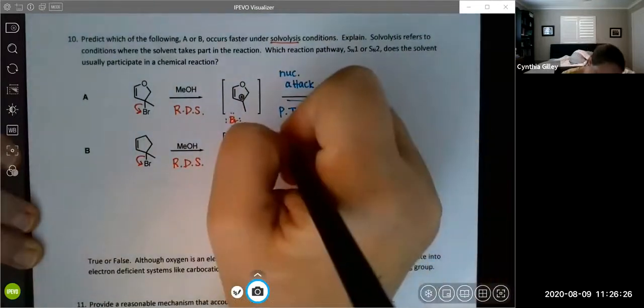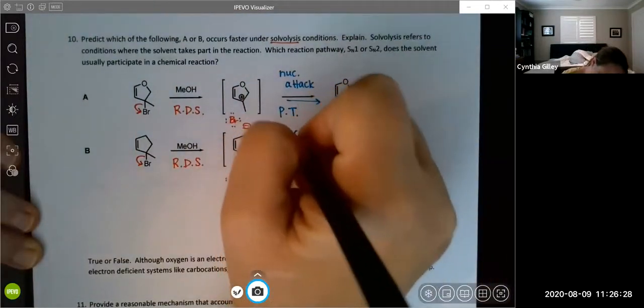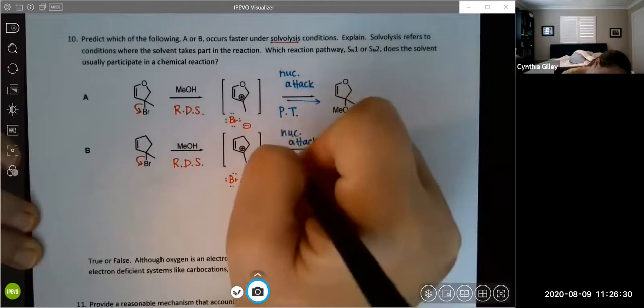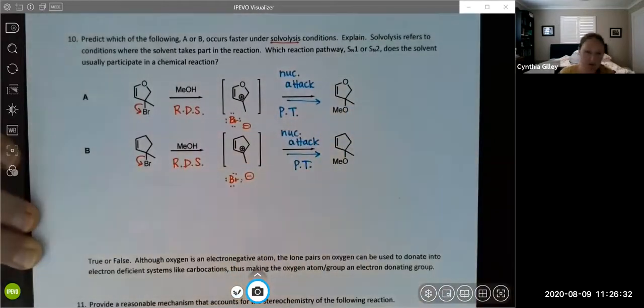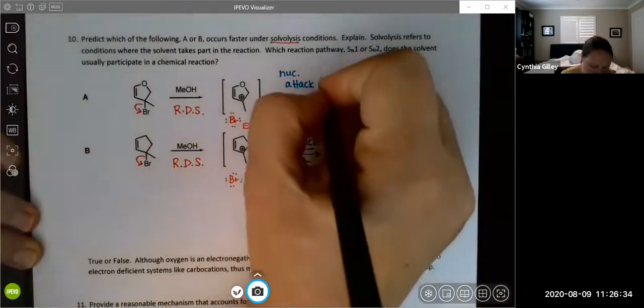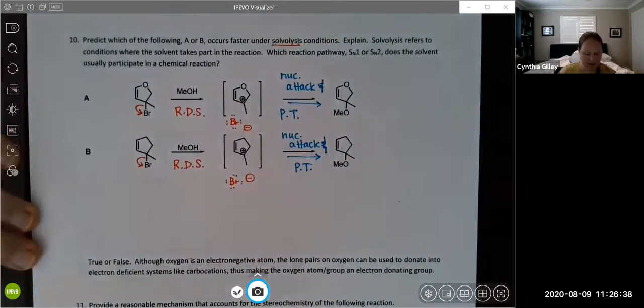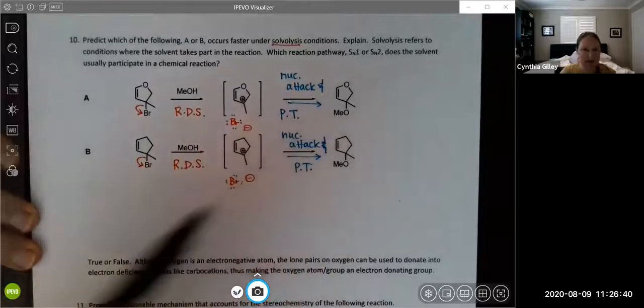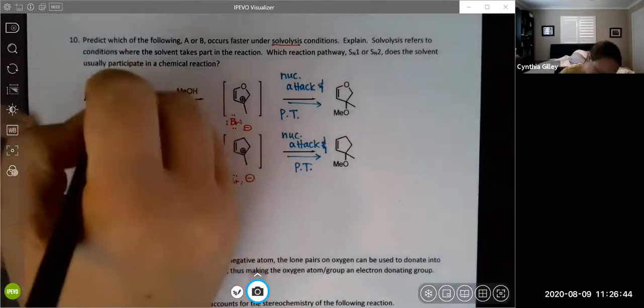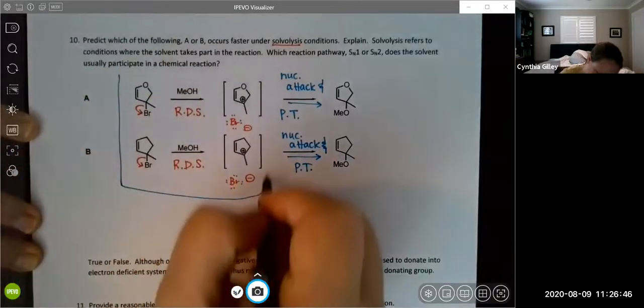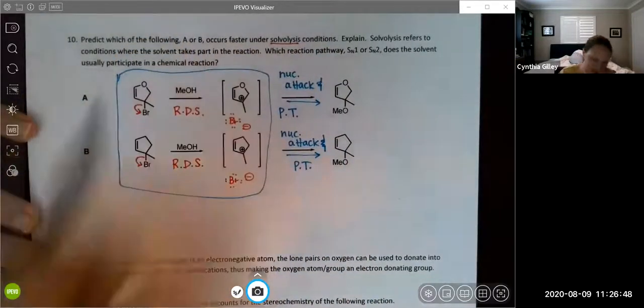Same thing in this case. But really those steps don't matter, because they're not the rate determining step. What we actually care about is this first step, and that's because it's the rate determining step.